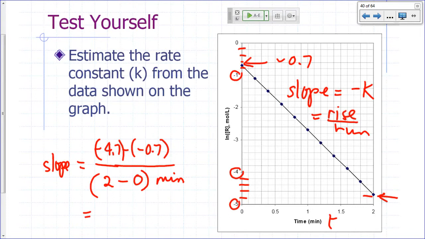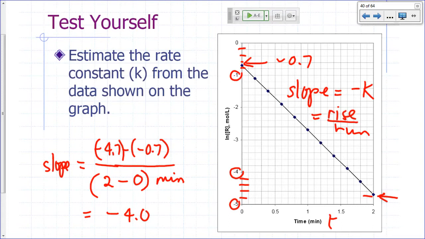And what would that number be? Negative 4.7 minus negative 0.7 is how much? Negative 4.0. Okay. And what's the unit for the numerator? What's the unit for concentration of R?